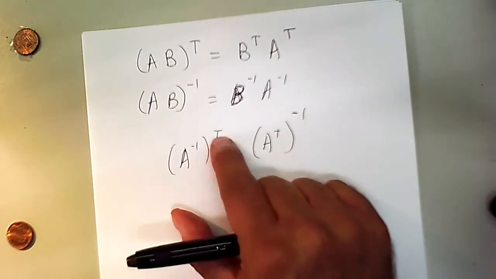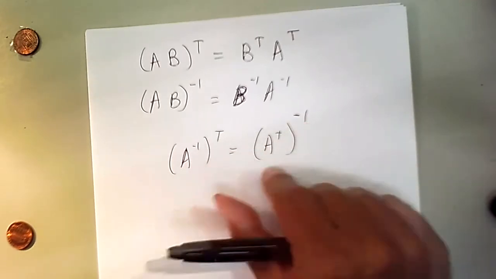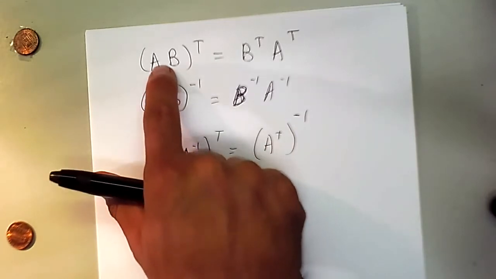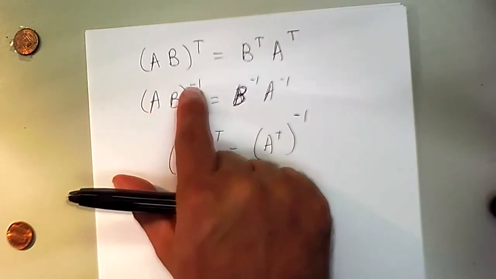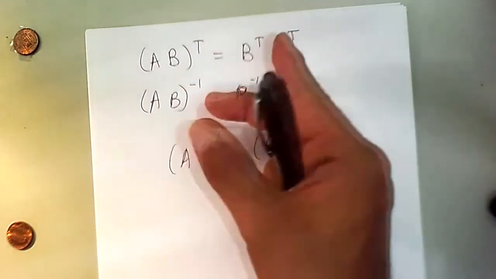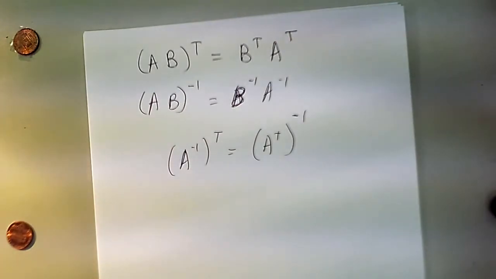You can exchange those two. You can put them in any order, and we will end up with the same output. Having said that, be careful, because when we have a multiplication and we want to distribute any of the transpose or the inverse, we have to swap the order. The order is changed.